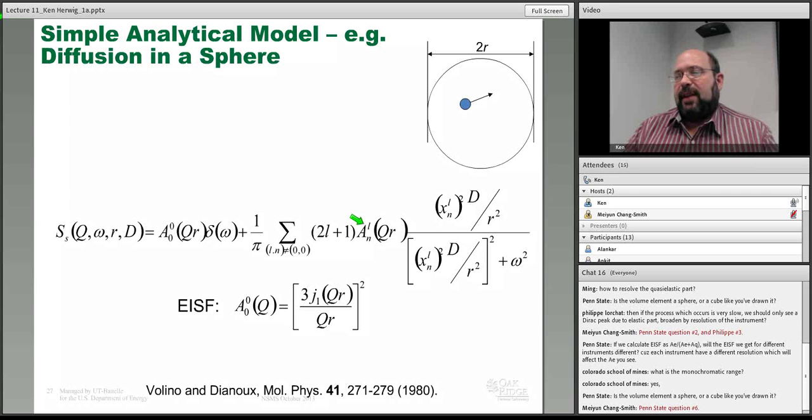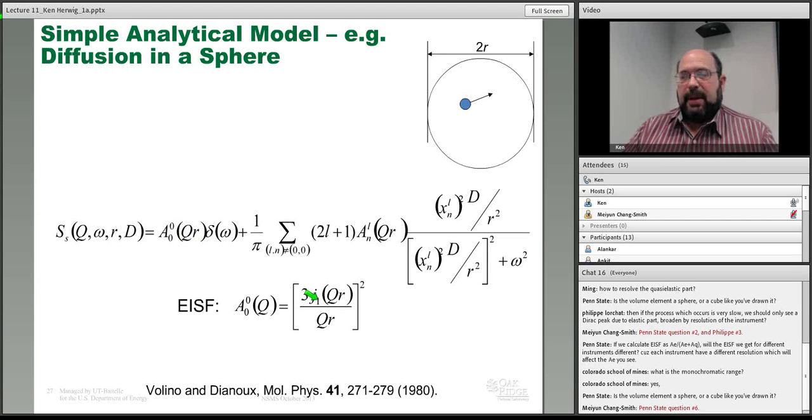They're worked out numerically. We're going to do a sum over some number of L's and N's. Typically, you don't need very many, 9 or 10 of those, before this sum converges. And so we have a diffusion coefficient, a radius, and we have over here an EISF, which depends only on the radius and the Q. And we've got it right here.